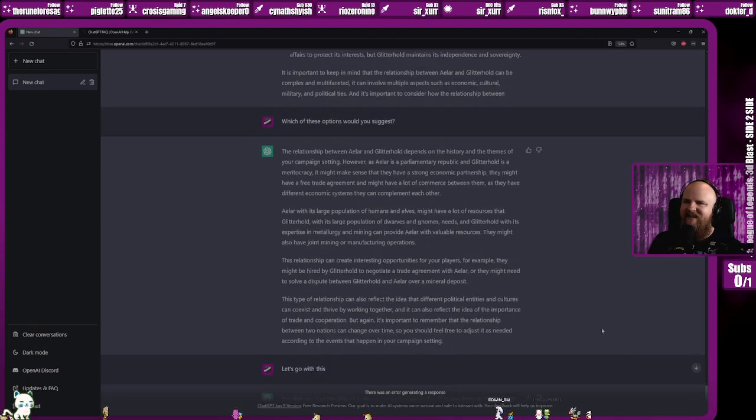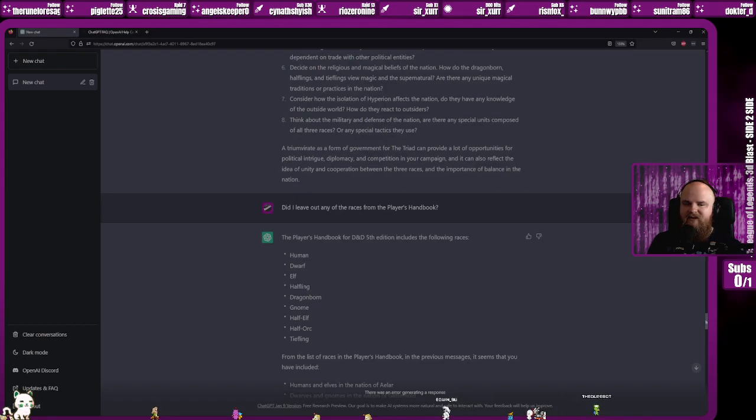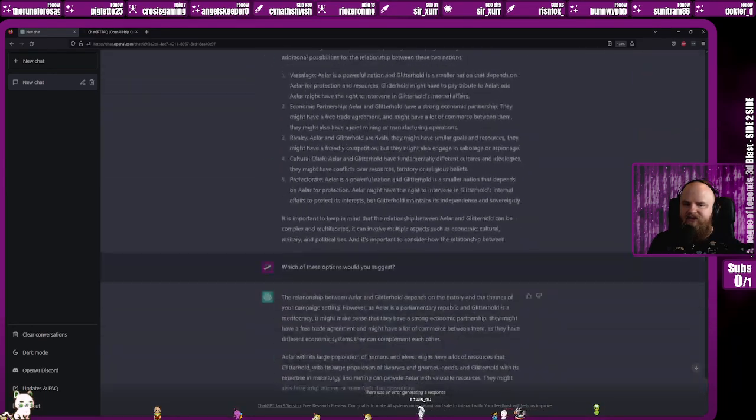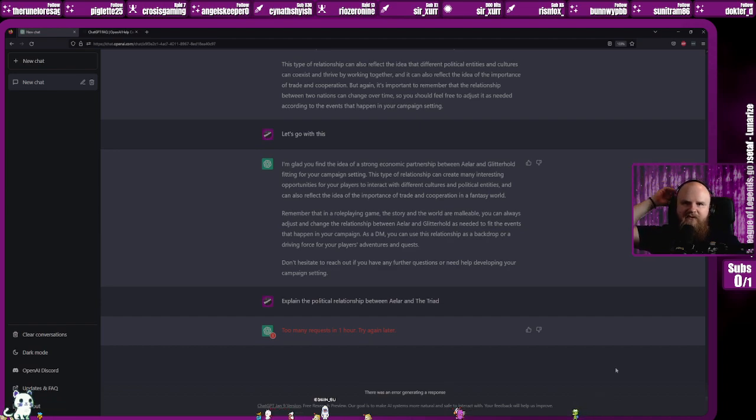Anyways, we didn't get very deep, but this is a nice start for a world. Even with just this information, you could go into a game and start by having the party start in Alar and go from there to Glitterhold, and then you can figure out what the triad is on the way.